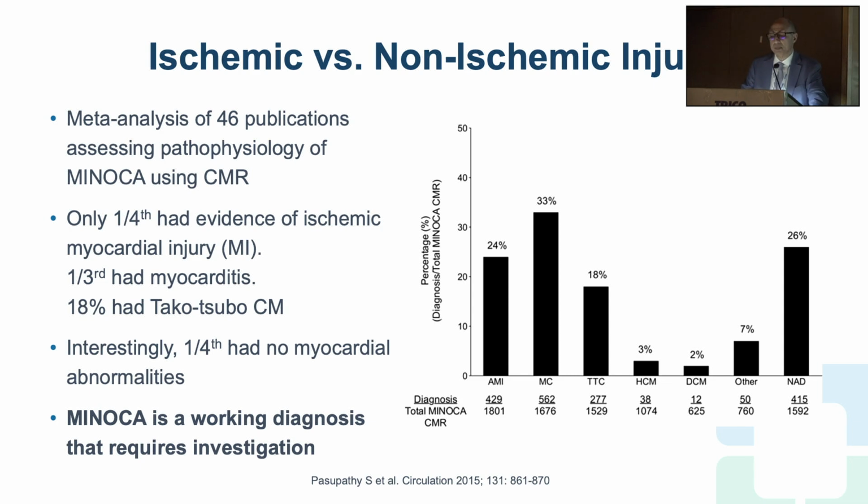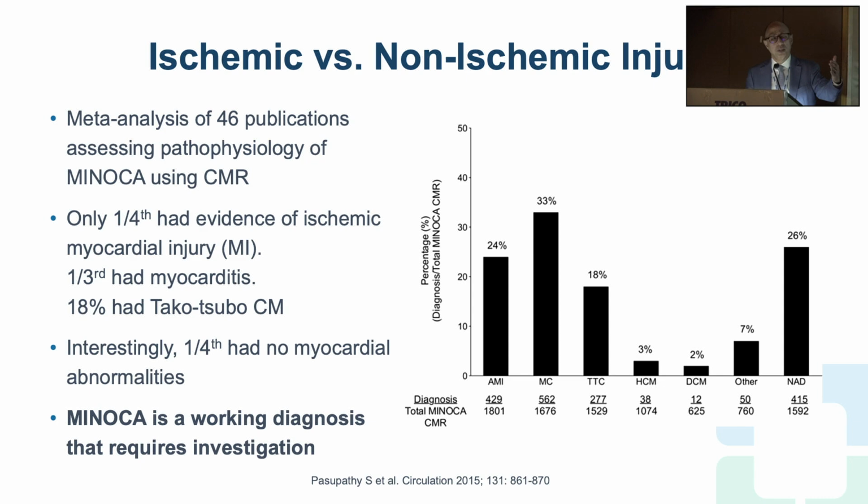This is a nice meta-analysis of 46 publications looking at MINOCA cases that underwent magnetic resonance imaging of their myocardium, including about 2,000 patients. Only 26% of them had evidence of ischemic myocardial injury, at least by the definitions we use. About 1/3 of those patients actually have MRI evidence of myocarditis.